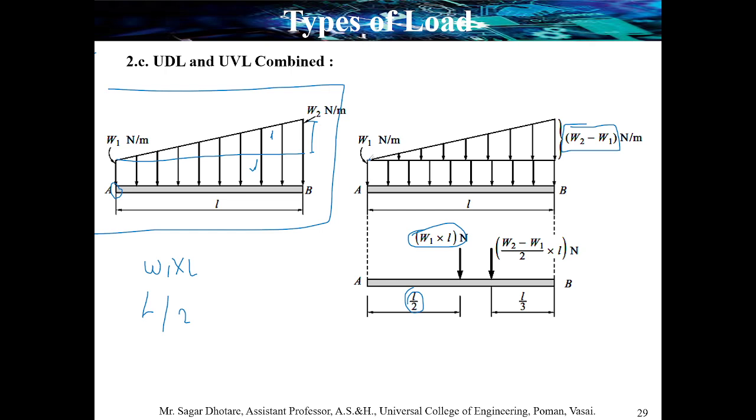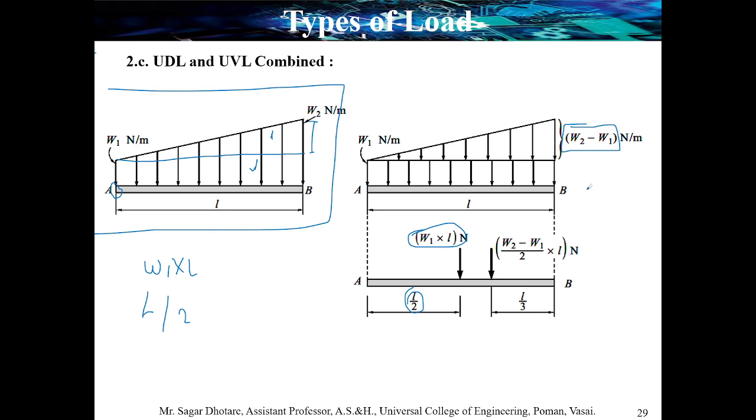From this point it is considered as 0, or you can say W1, and at this point it is W2. So it is varying from this point to this point. W2 minus W1 will give the exact magnitude of the maximum force applied.